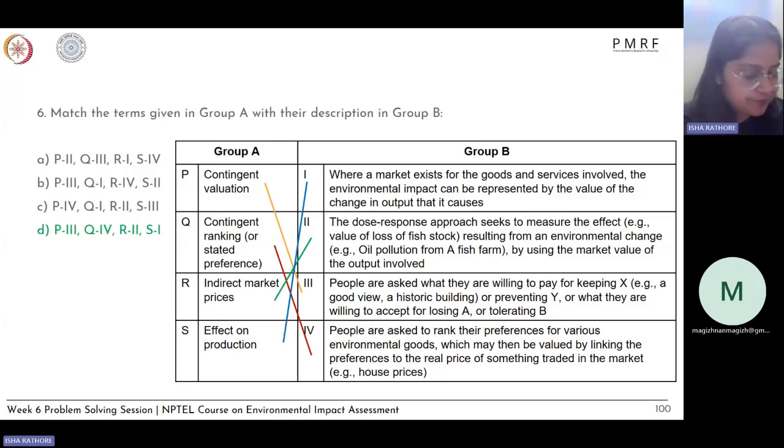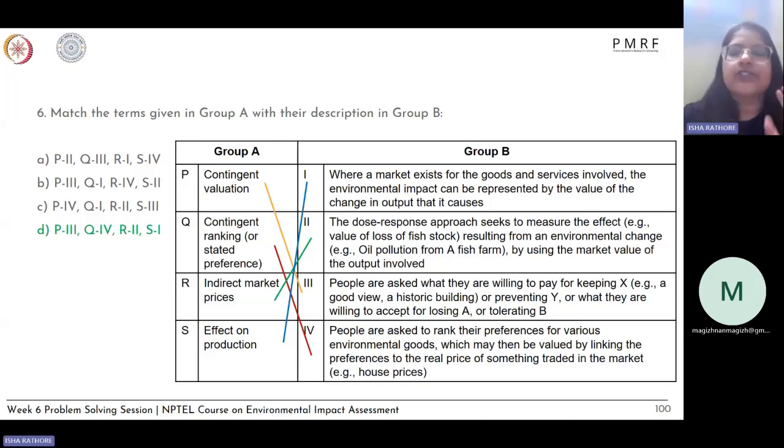So we have contingent valuation, which is people are asked what they are willing to pay for keeping X, that is a good view or a historic building, or preventing Y, or what they are willing to accept for losing A or tolerating B. So you determine the cost of a particular entity based on what they're willing to pay for keeping a certain thing or for preventing a certain thing, and what they're willing to accept for losing that particular thing.